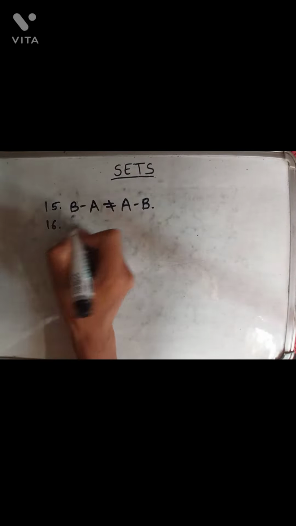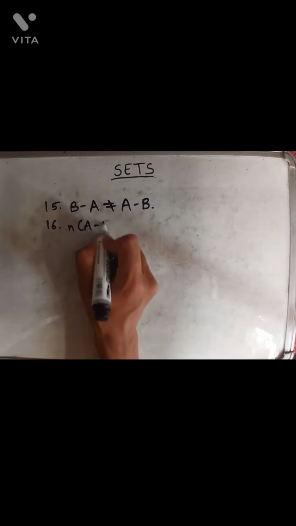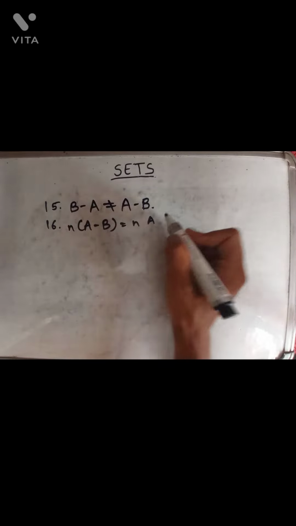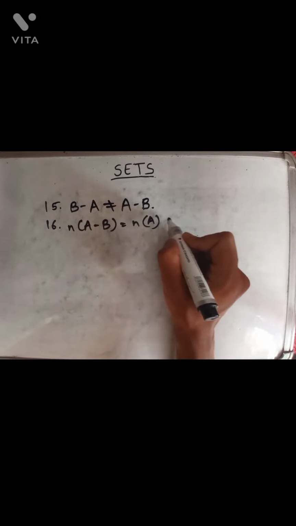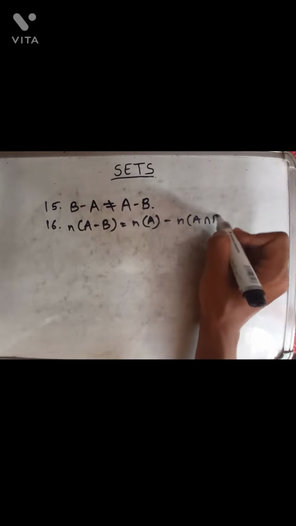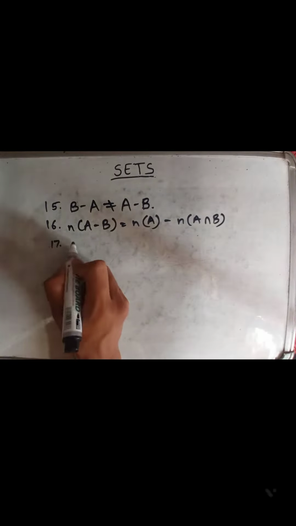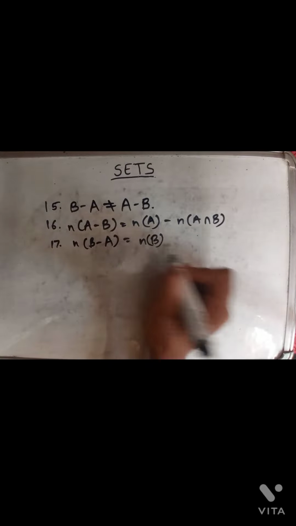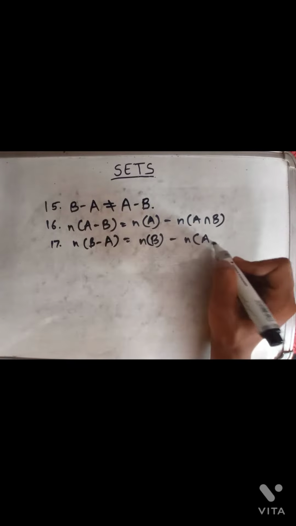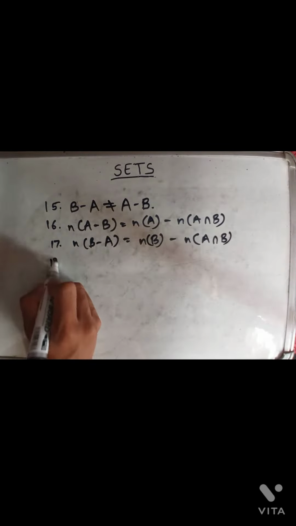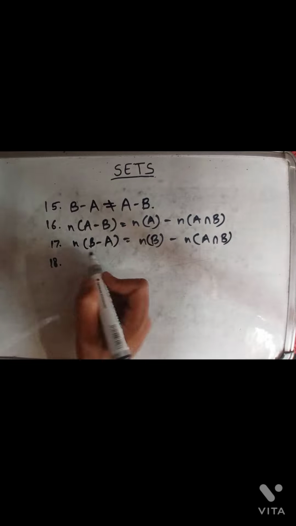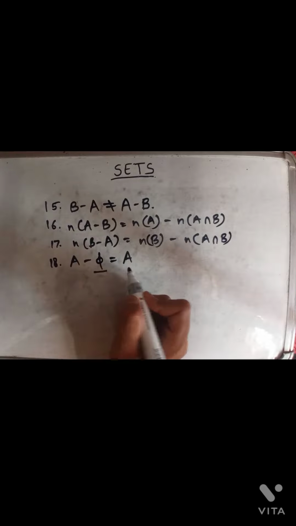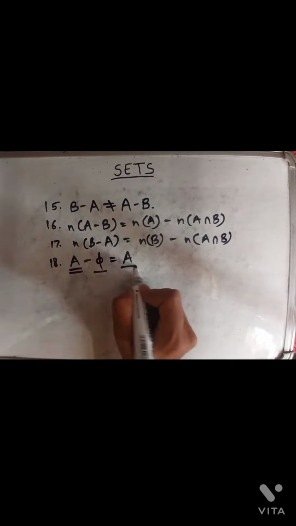The 16th is that the number of elements in A minus B is equal to the number of elements in A minus the number of elements in A intersection B. Similarly, the number of elements in B minus A is equal to the number of elements in B minus the number of elements in A union B. The 18th thing to note is A minus phi is equal to A. Phi means null set, so nothing is going to be taken out of A, so it will be A again.